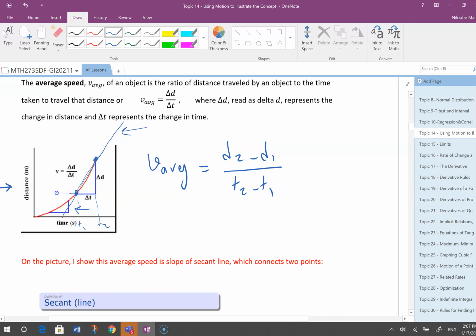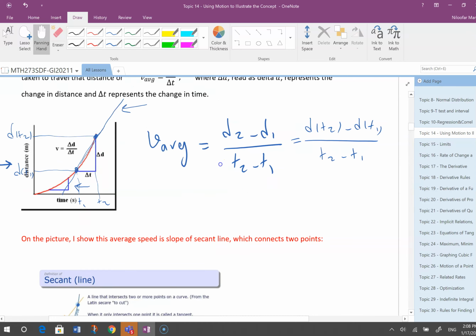For t1 I have d(t1), which is here, and for t2 I have d(t2), and then I find the answer. So here it is d(t2) minus d(t1). Maybe d2 and d1 are given to me as values, or maybe I have the function and I have to substitute to find the answer, like this example.